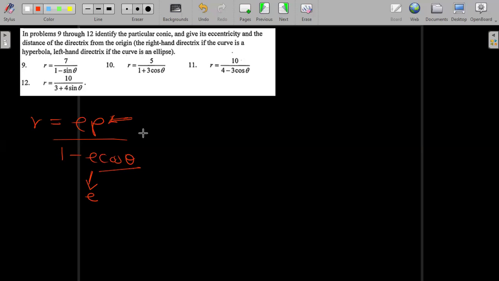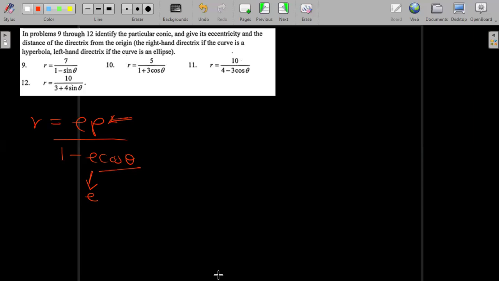Okay. So now the problem, in problems 9 through 12, they're saying identify the particular conic section and give its eccentricity and the distance of the directrix from the origin. They're saying the right-handed directrix if the curve is a hyperbola, left-handed if the curve is an ellipse.